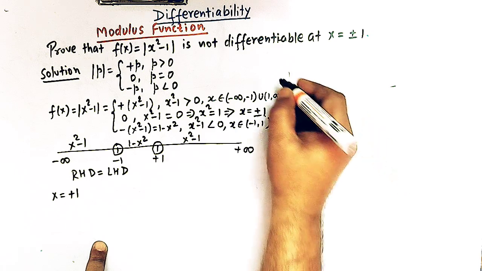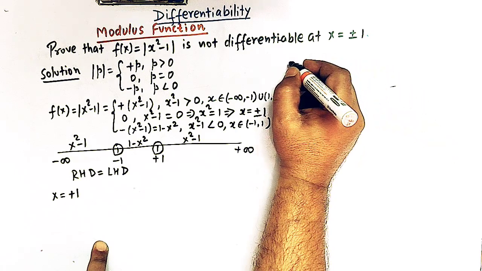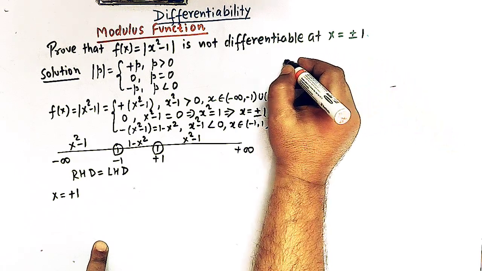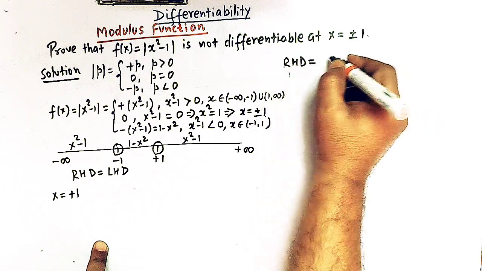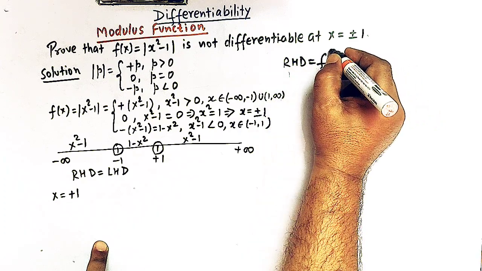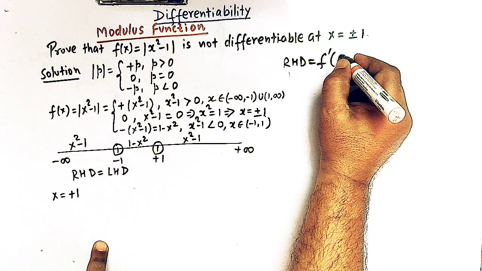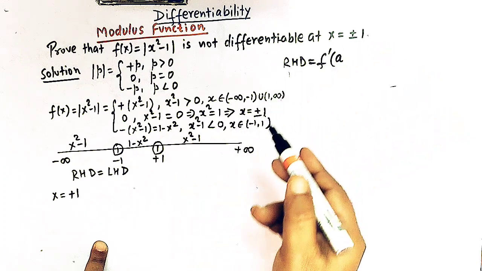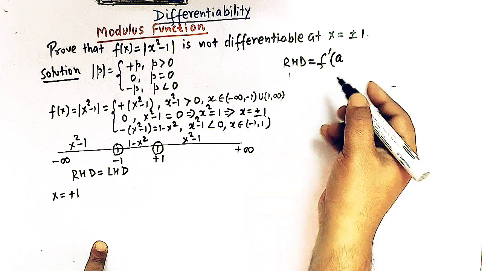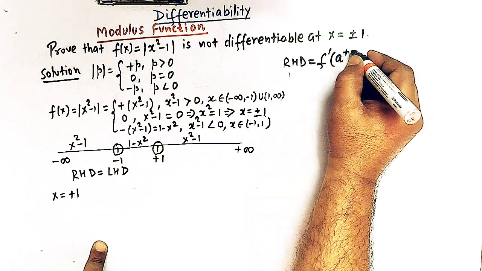So now the right hand derivative is defined by this limit, that is right hand derivative is given as here we can write f prime, and here we can write a. A is the point where the right hand derivative is to be determined, and here we put a positive sign.